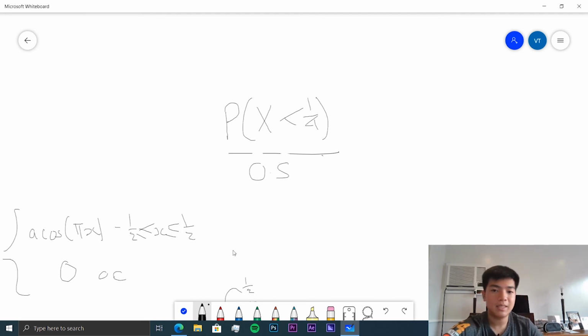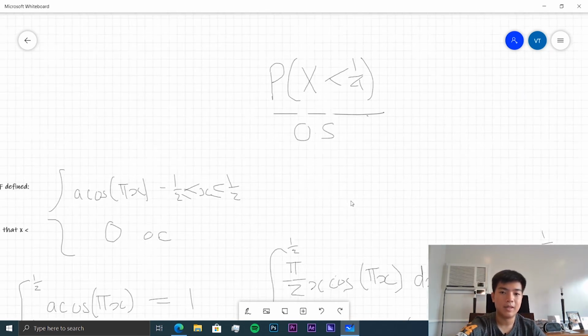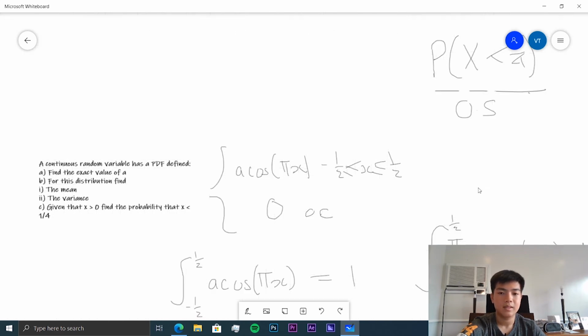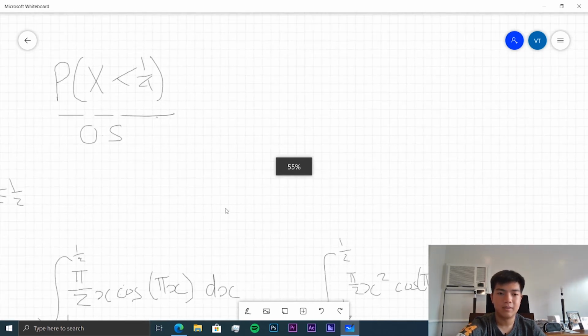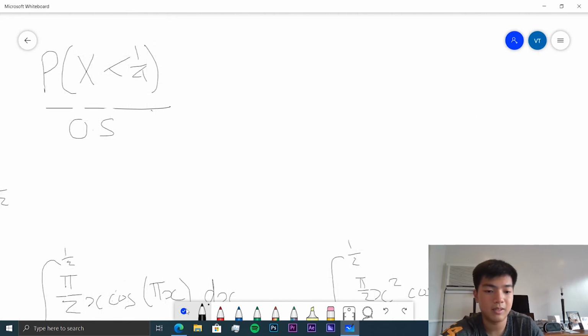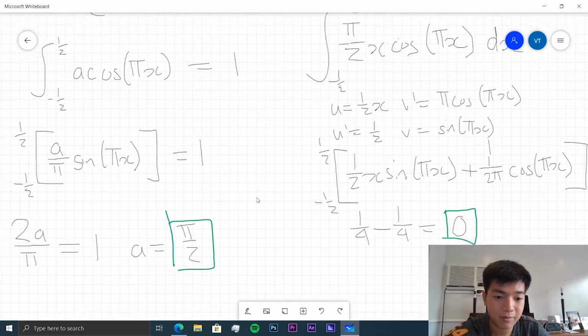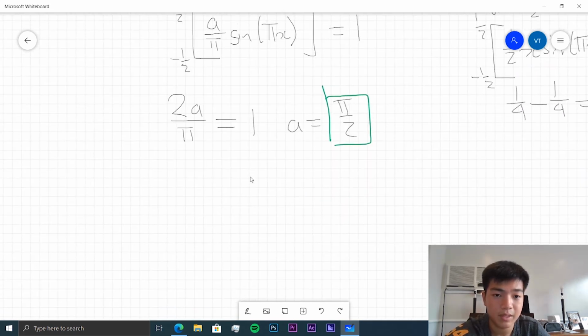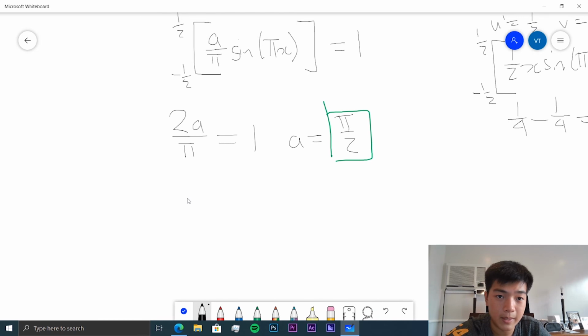And so what's the probability that x is less than 1/4? Well, I guess we can just find the probability that it is greater than 1/4. So the integral between 1/4 and 1/2 of this function over here. We already have the upper bound, so that's just a over pi, which is, a is pi over 2, so this is 1/2, minus the lower bound.